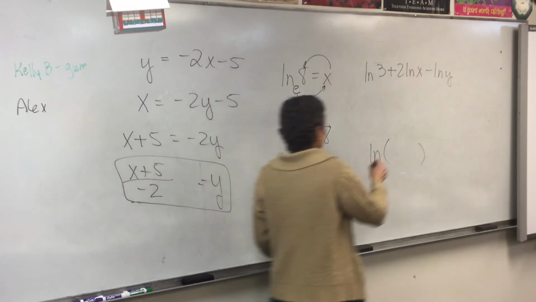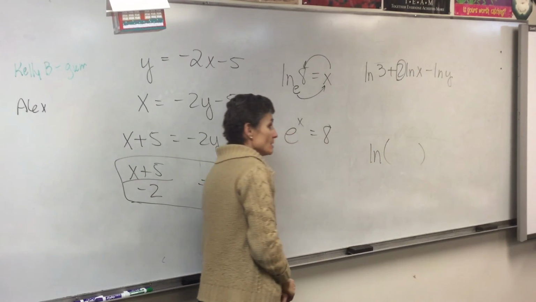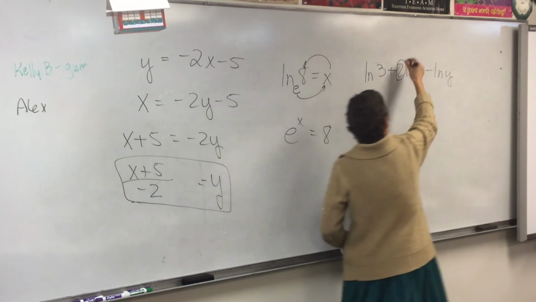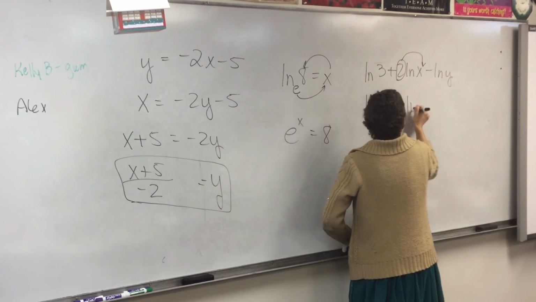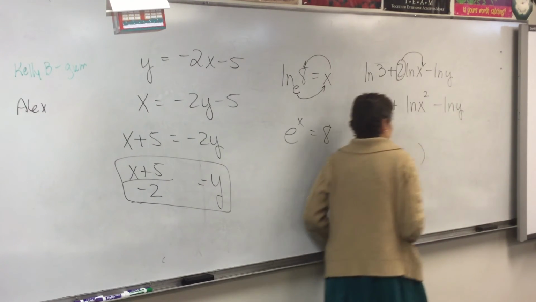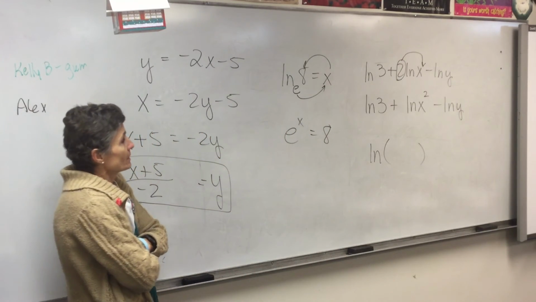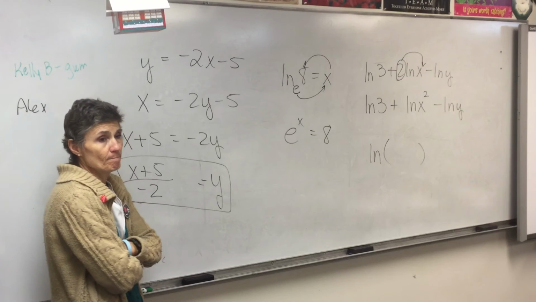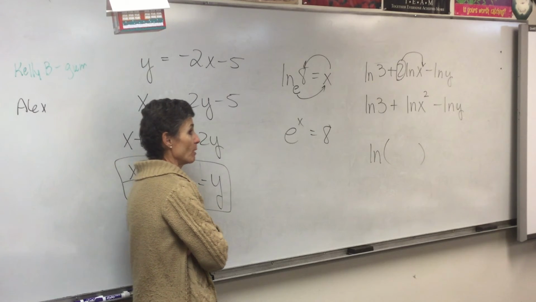Something wrong. You can't have this 2 here. That 2 can't be there. So it becomes an exponent. So we have ln 3 plus ln x squared minus ln y. Any coefficient in front of a logarithm gets popped up as an exponent.